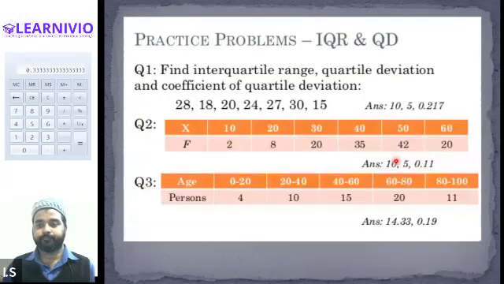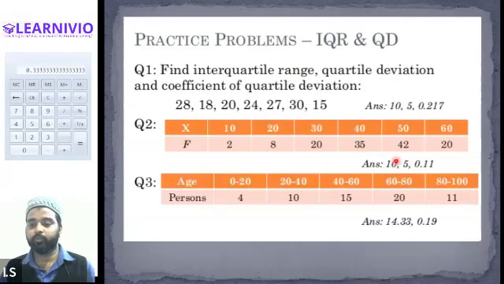Now, this is the question that you need to do in your homework. Just ignore question third. Question third is based on the continuous series, and we will talk about continuous series in the next session. For today's class, your homework will be questions number 1 and 2.